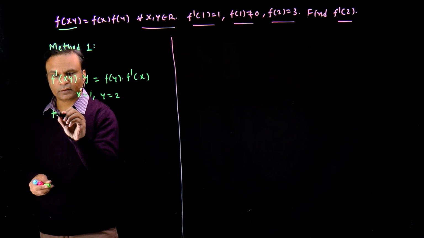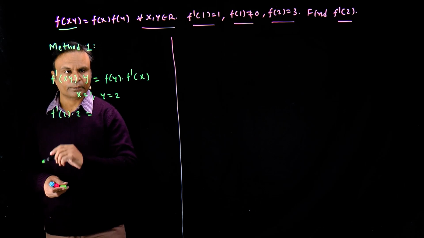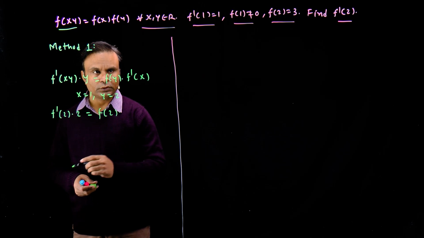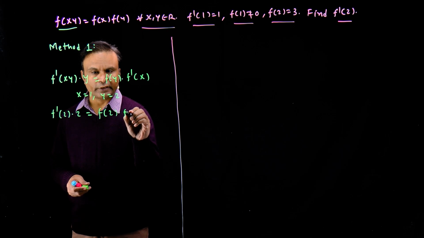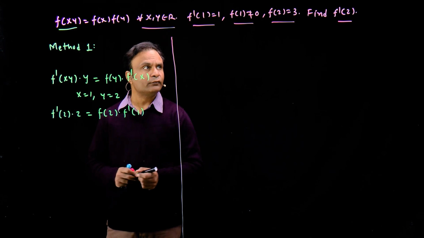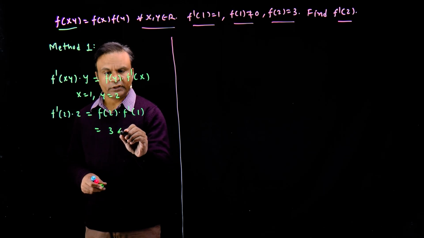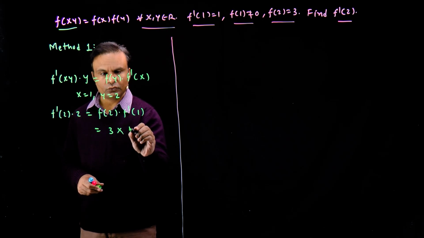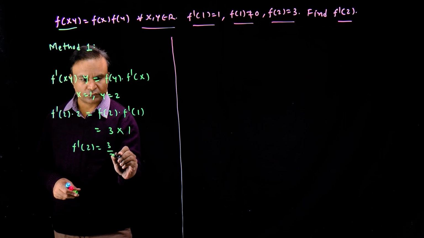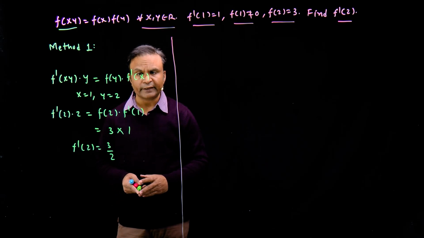So I get f dash 2 multiplied by 2 is equal to f of 2 multiplied by f dash 1. Now the value of f of 2 is equal to 3, so let me put here f of 2 is equal to 3 and f dash 1 is equal to 1. So I get f dash 2 is equal to 3 upon 2. We can see this is a very simple method in fact.